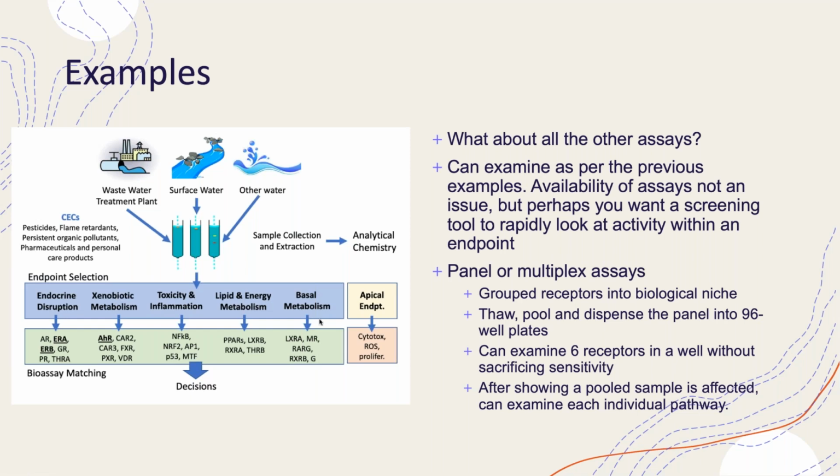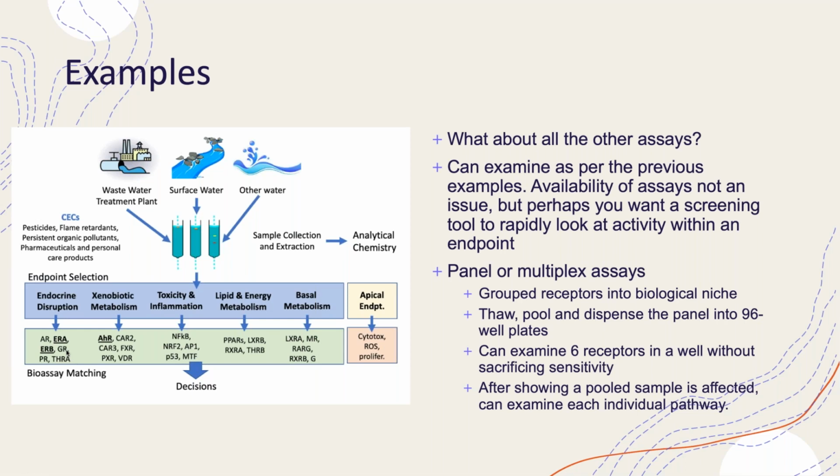same activity. So what we're doing here is taking individual cell-based assays, mixing them together, pooling them, and then dispensing these into a 96-well plate, then adding our extracts. And we're asking the question, are our extracts activating any of the receptors within this pool?